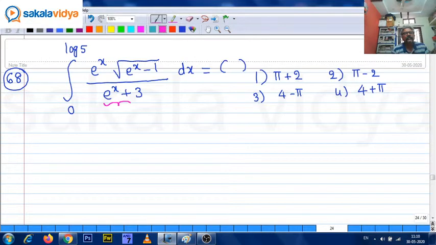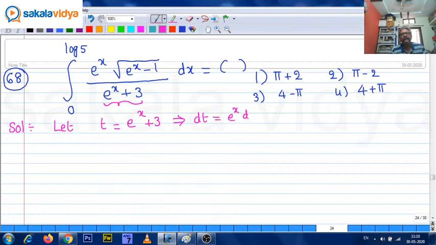Let us say this is equal to t first. What will happen? Let us see now. Solution. Let us say t is equal to e power x plus 3. Now dt by dx equals e power x, so dt equals e power x dx. Limits we need to change.